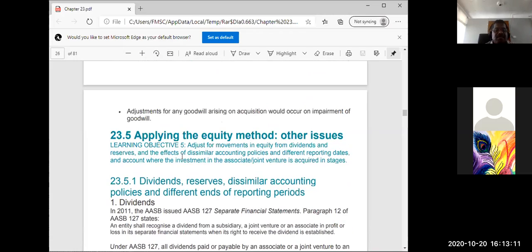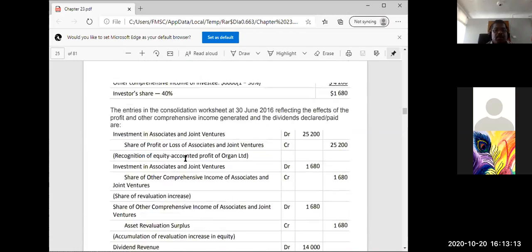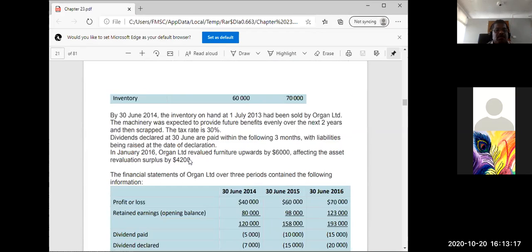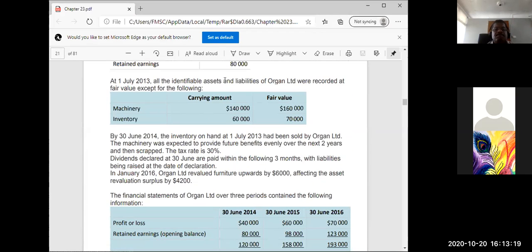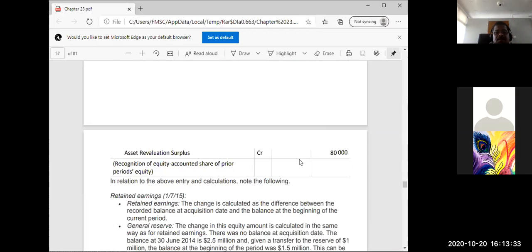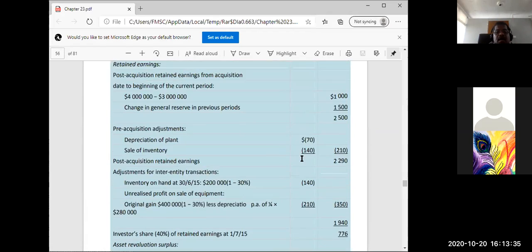In this case, I remember the investor is P. Can you remember the name of the company? Who is the investor? Piclo Limited is the investor, right?